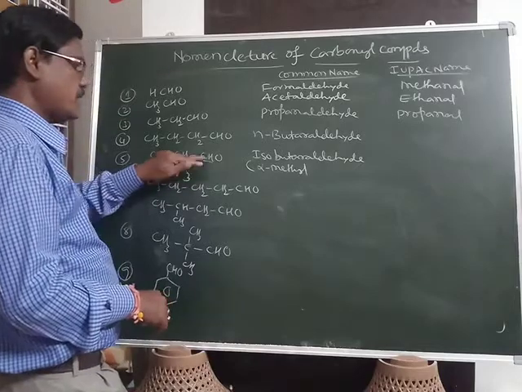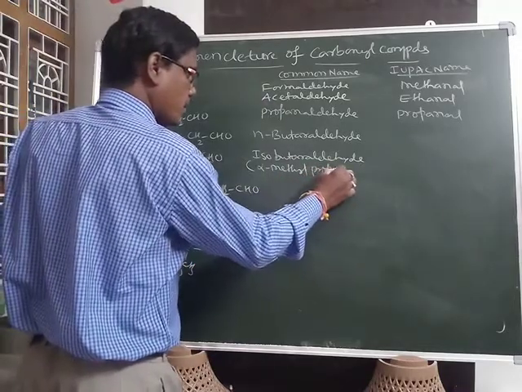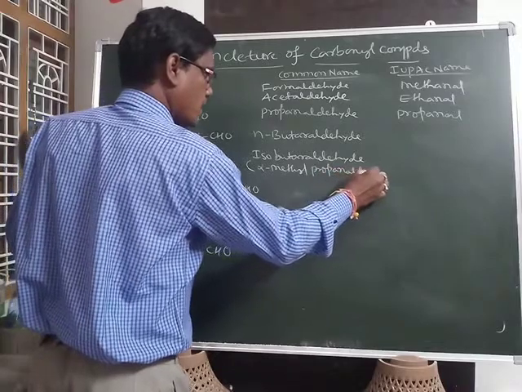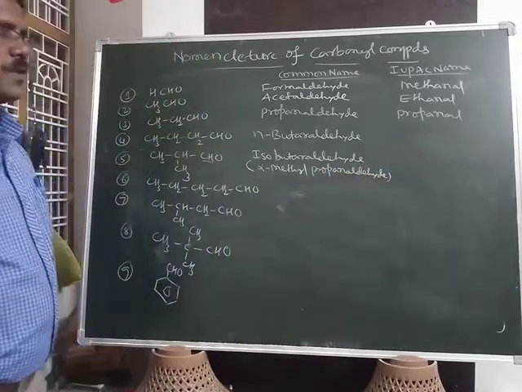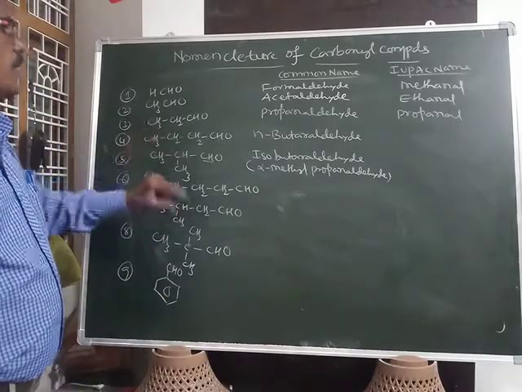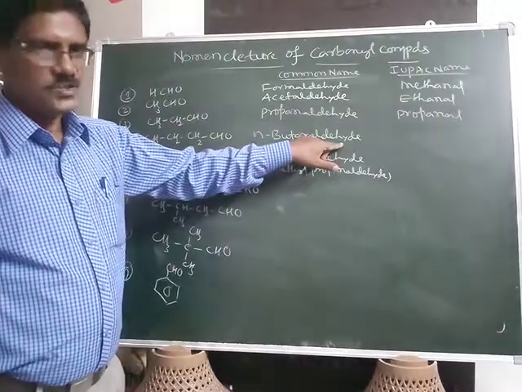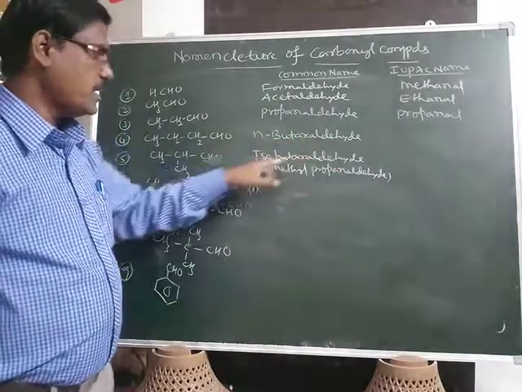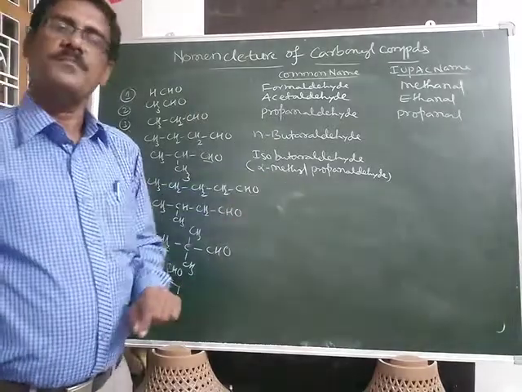It is completed by 3 carbons, propionaldehyde. Alpha methyl propionaldehyde is another common name. So n-butyraldehyde is the straight chain, and isobutyraldehyde, or alpha methyl propionaldehyde, is the branched one.